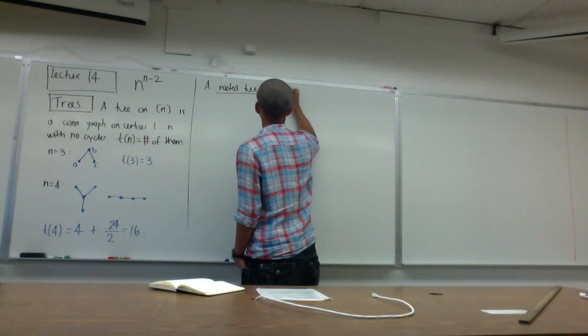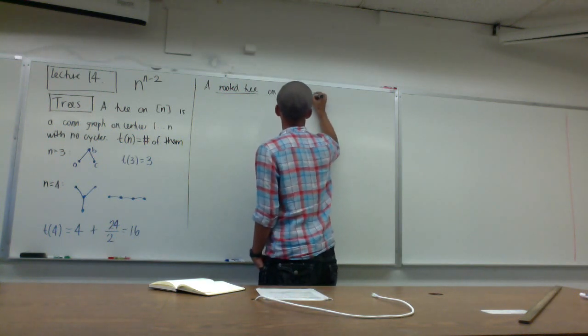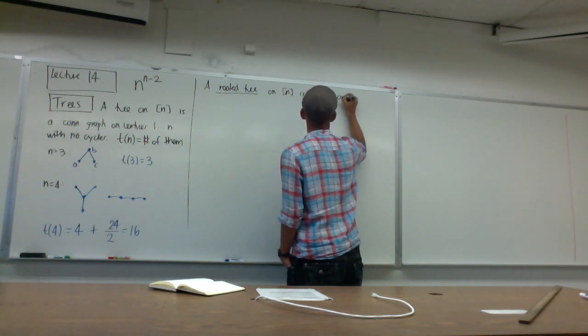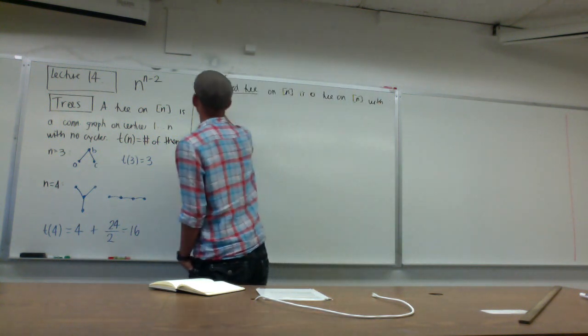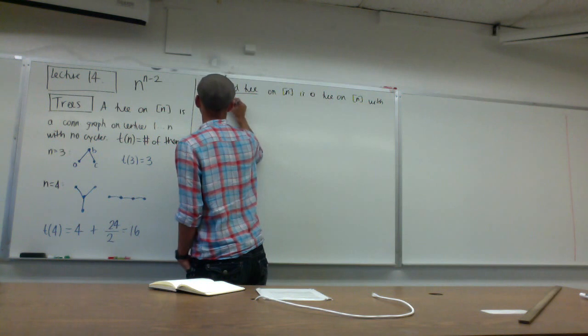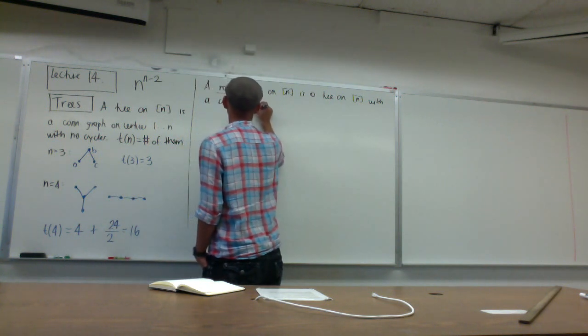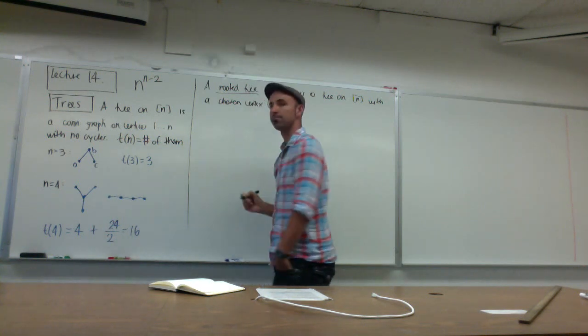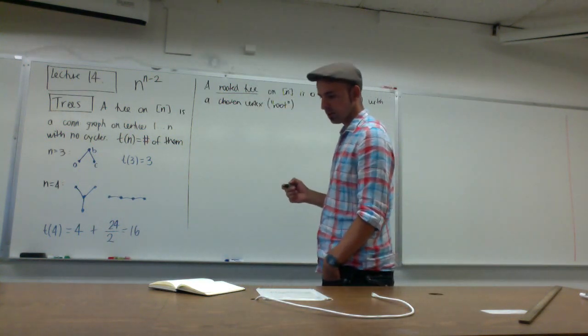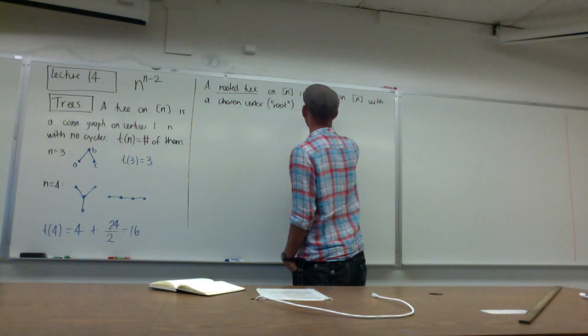A rooted tree on n is a tree on n with a special vertex, a chosen vertex called the root. And let me say R of n is the number of them.